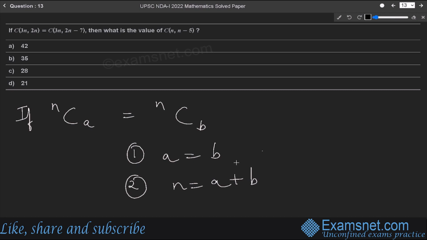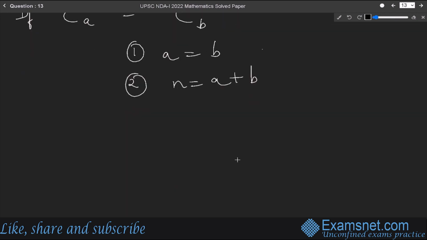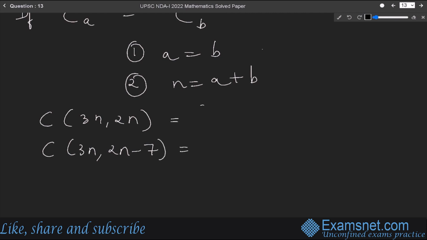Now let us see the question. The values are C(3n, 2n) and C(3n, 2n - 7), which is equal to 3nC2n and 3nC(2n - 7).